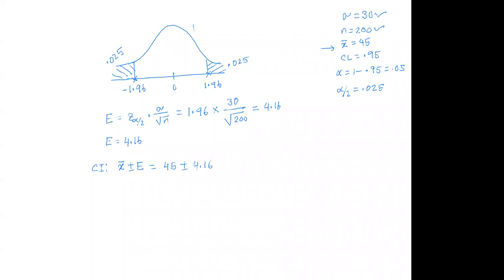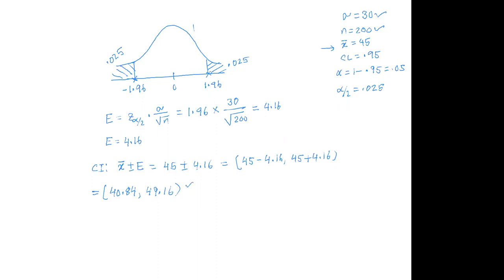So that is going to be 45 minus 4.16 comma 45 plus 4.16. If you simplify it, it's going to be 40.84, right? Comma 49.16. Okay, 40.84 comma 49.16.